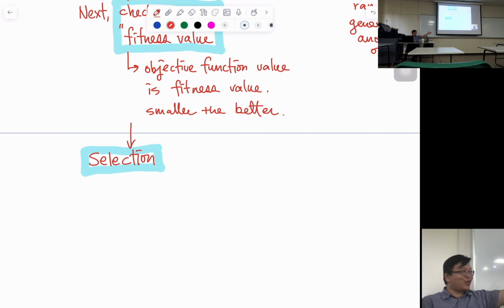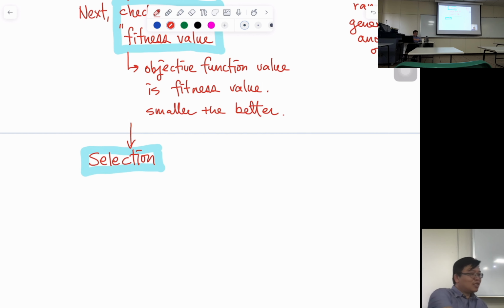Okay, this person has a good score. He's a good chromosome. I want to have more of this good chromosome, and maybe another chromosome which is bad, give me less of it. So in the selection, there are so many ways to select out of the available chromosomes. They even double select the good ones.